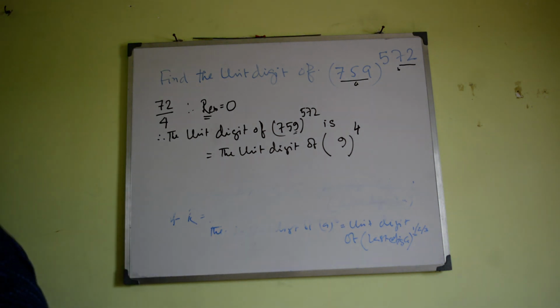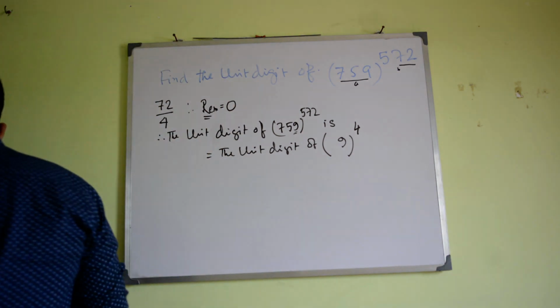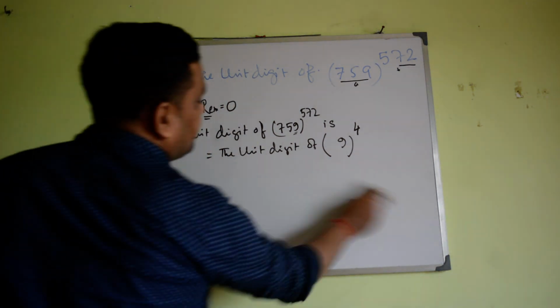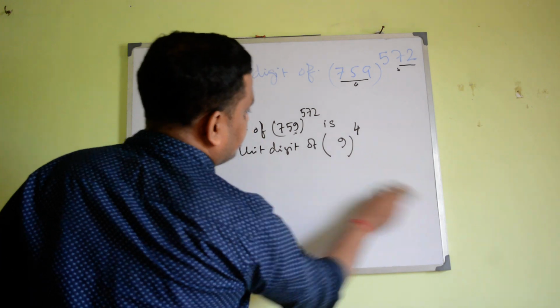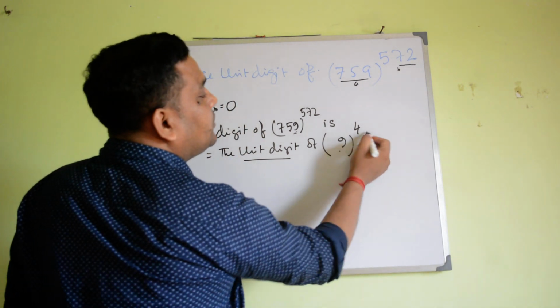If the remainder is equal to 0, then the unit digit is the unit digit of the last digit of a to the power 4. So what will be the unit digit of 9 to the power 4?